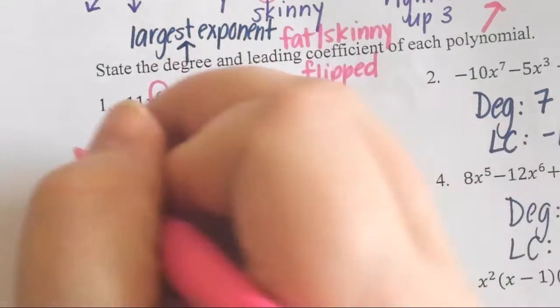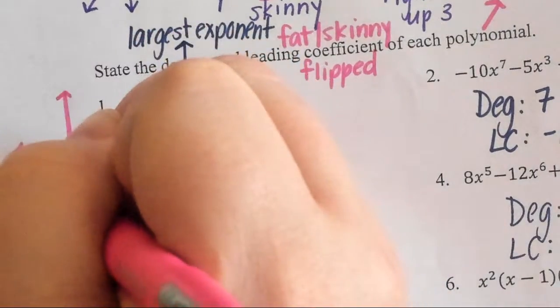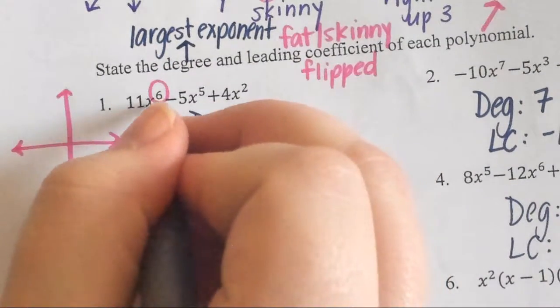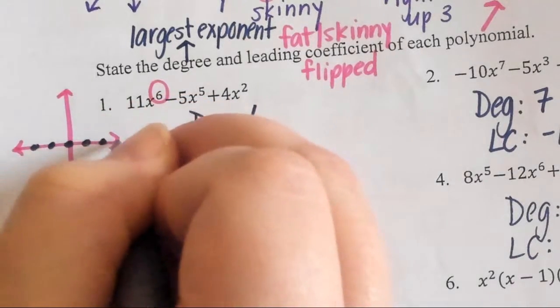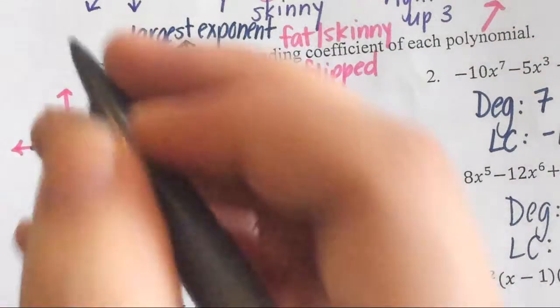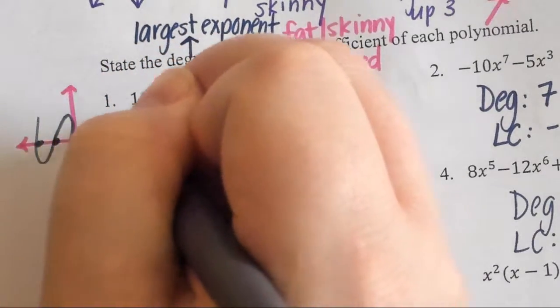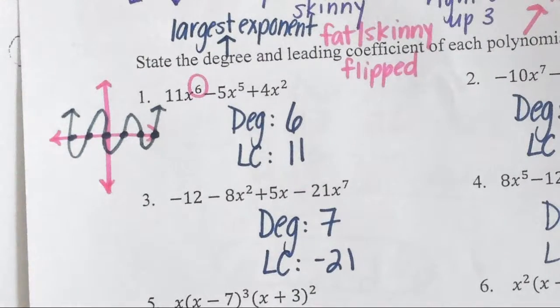So for instance, on number 1, since the degree is 6, if we graph this on our calculator, it could cross the x-axis up to 6 times. So maybe it ends up looking like 1, 2, 3, 4, 5, 6. Maybe it ends up looking like this weirdo snake. It might, it might not.